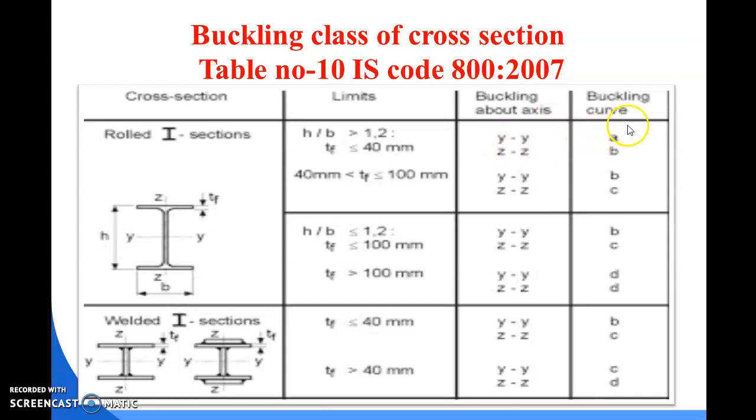Hence, the buckling class will be A. Like that, the second condition is if the tf value, that is the thickness of the flange, is less than or equal to 40 mm, then your buckling is about ZZ axis in the compression member of I section, and it undergoes the buckling class of B. So according to these conditions, we can find out the buckling class of the section, and about which axis the buckling occurs.